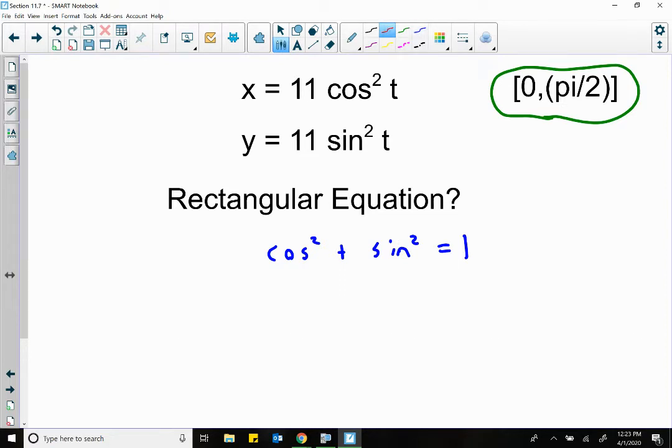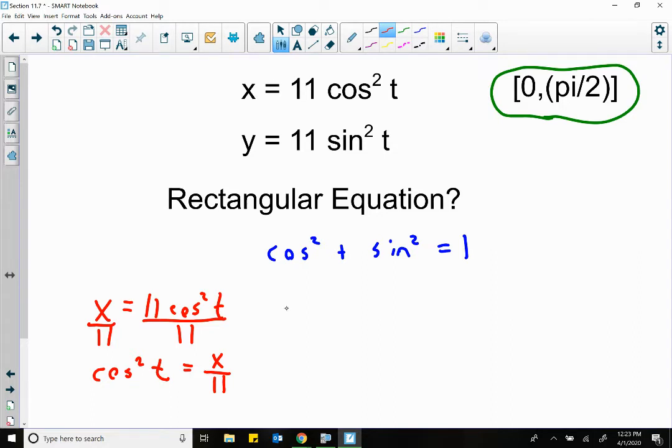So, if I take x equal to 11 cosine squared t, let's get cosine squared by itself. How do I get rid of the 11? Divide by 11. And now we know that cosine squared t is equal to x over 11.